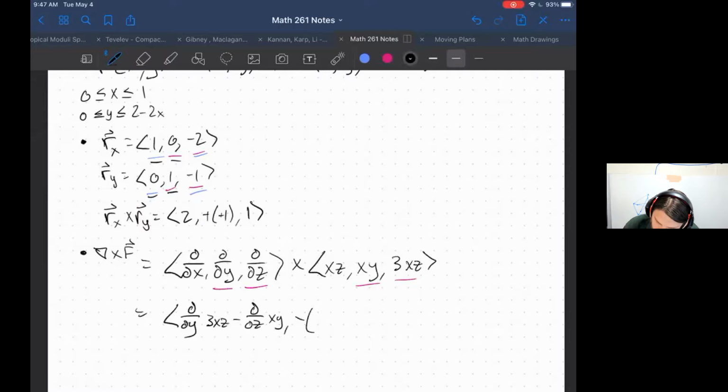Then a negative del x of 3xz minus a del z of xz, and then for the third term, del x of xy minus a del y of xz.